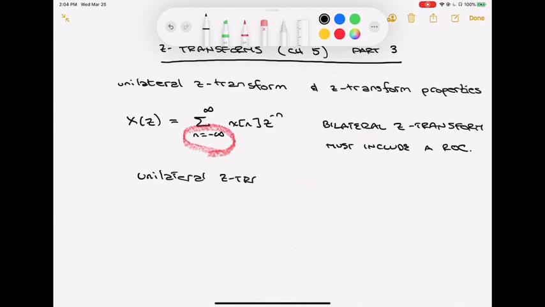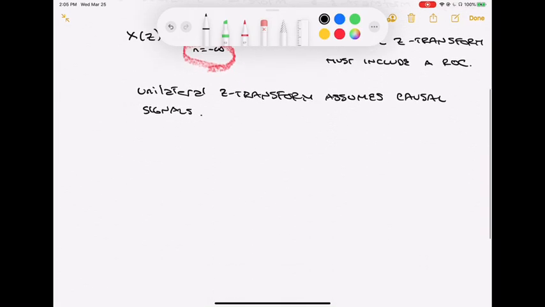As a result, I might write this as X_U, just to remind us that it's a unilateral transform. This is going to be a summation on n, but now we're going from 0 to infinity instead of minus infinity to infinity. We still have our signal x of n in there, and we still have z to the minus n.